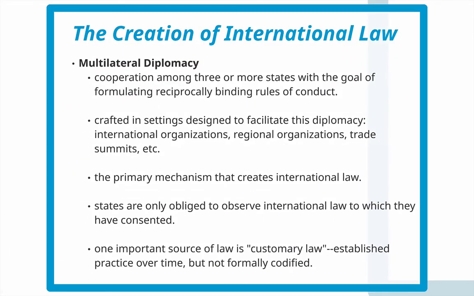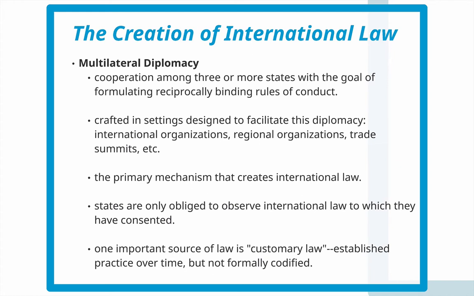The creation of international law happens in a variety of different ways. One of the most common ways in which it happens is multilateral diplomacy. When we say multilateral diplomacy, we're simply referring to cooperation among three or more states with the goal of formulating reciprocally binding rules of conduct, meaning that they apply equally to each partner, right? It is not a more powerful state imposing something on someone else, but it's agreements that states are going to abide by and they will be affected by equally.